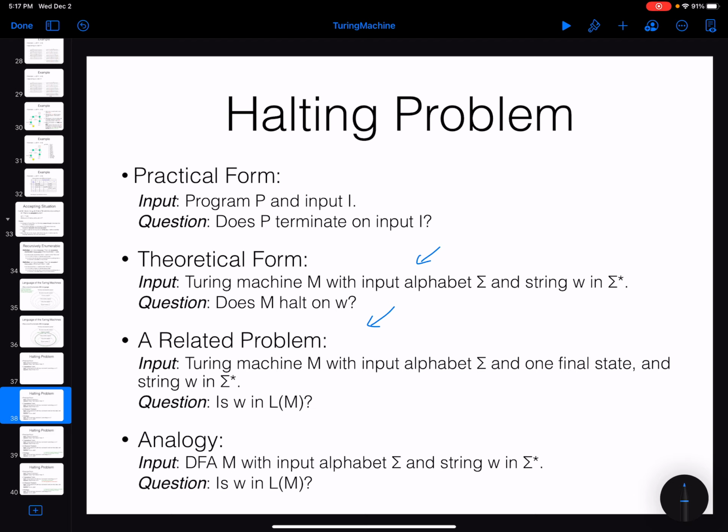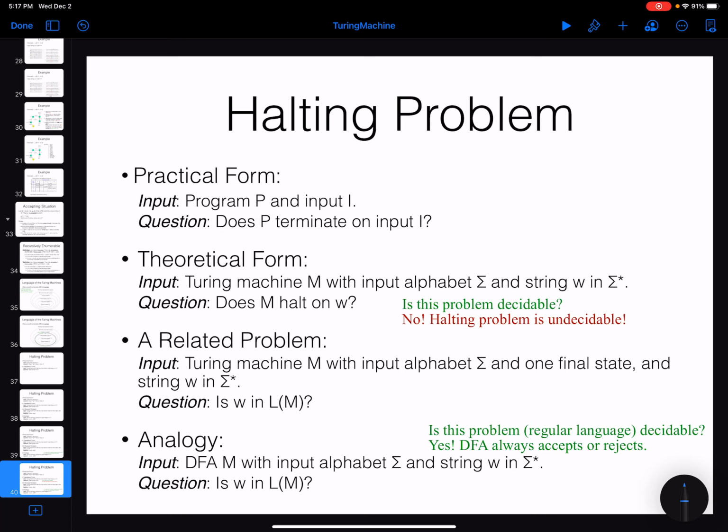You can see that this is exactly similar to the problem where you have a deterministic finite state machine and a string, and you want to see whether the machine is going to accept the string or not. This is decidable, definitely. As I said, you can solve this by just running the DFA over the string. It's going to either accept or reject it. But the halting problem is not decidable.